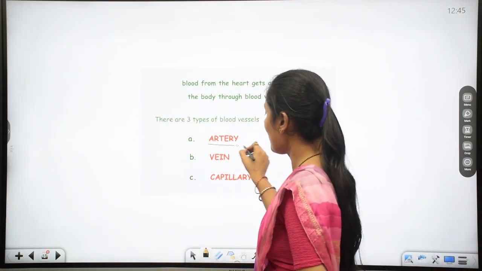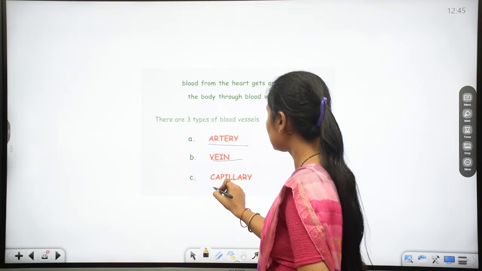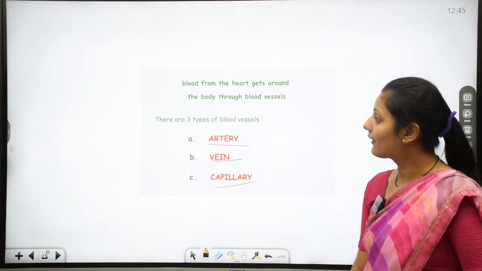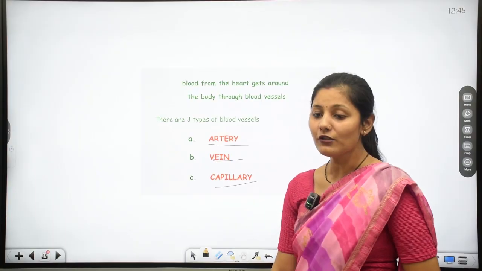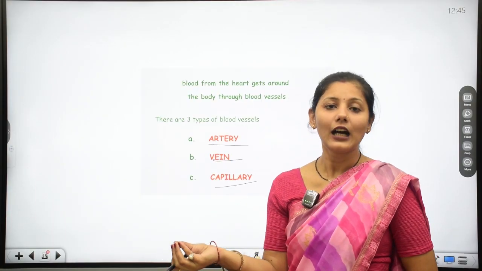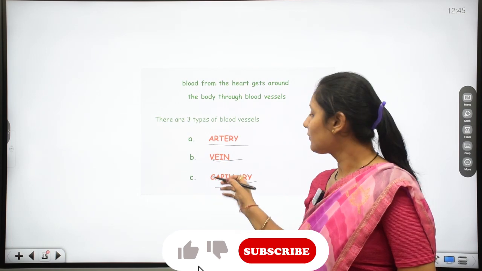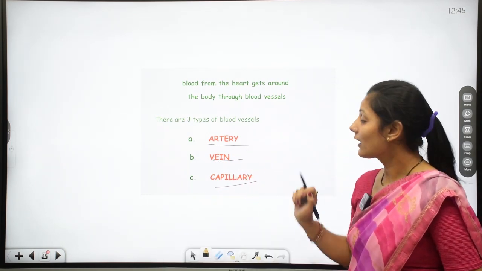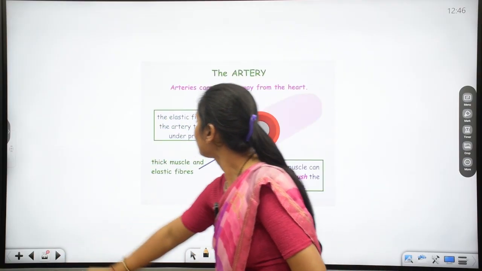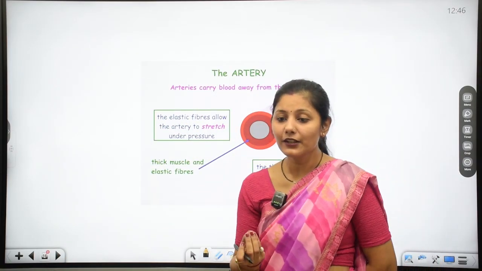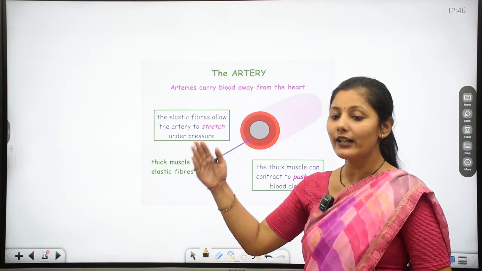The first is artery, the second is vein, and the third one is capillaries. These are responsible for carrying or transferring the blood. Now what are the arteries? See, the arteries are responsible to carry the blood from the heart to the body parts.